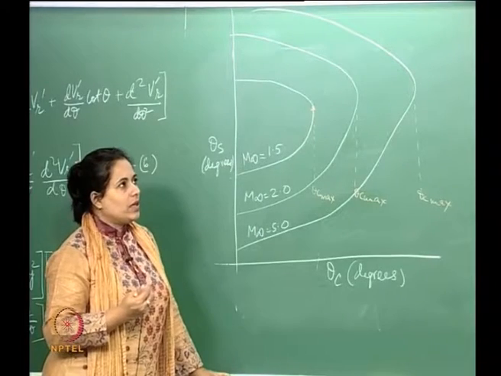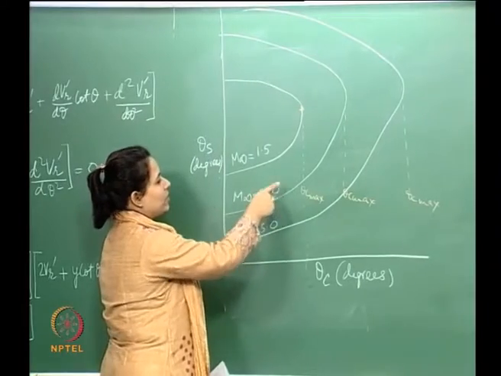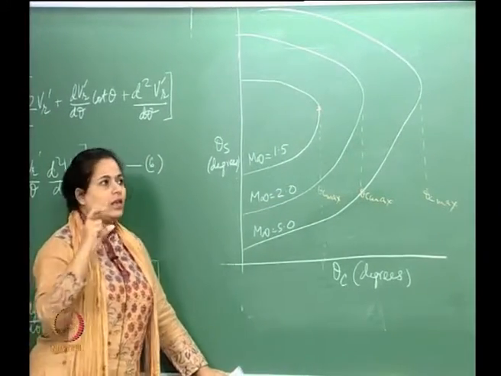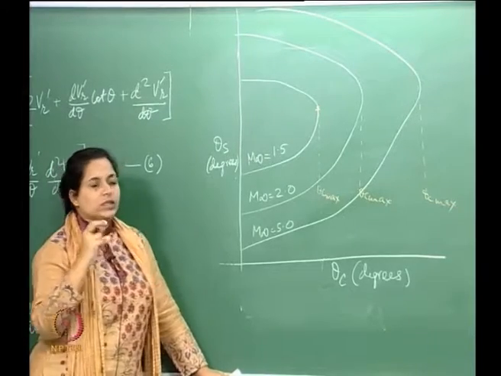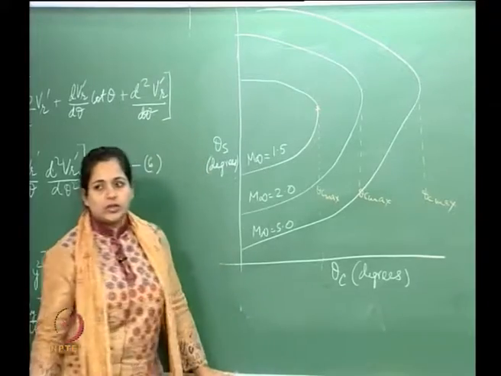What I mean is that for a given Mach number, for the cone the shock is going to detach for a higher value of theta c compared to the wedge.